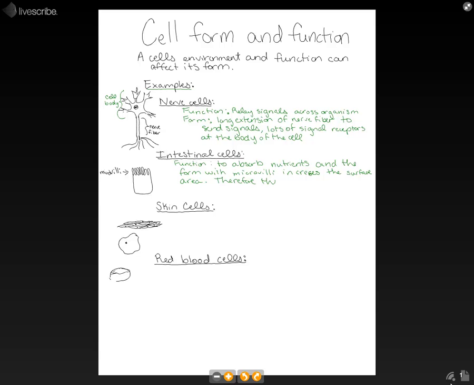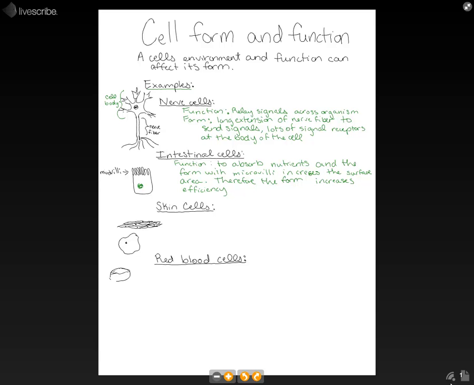Therefore, the form increases efficiency, essentially. I'll draw a little nucleus in the cell, make it a little more legitimate looking.